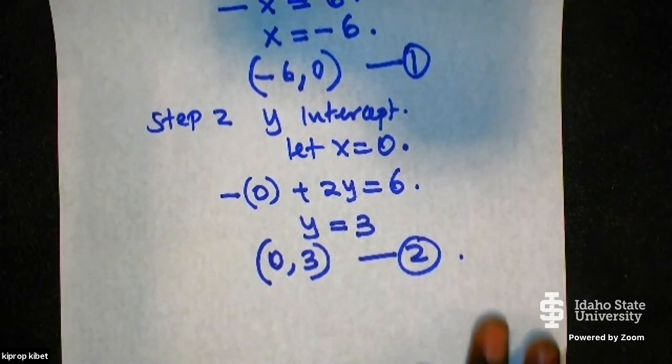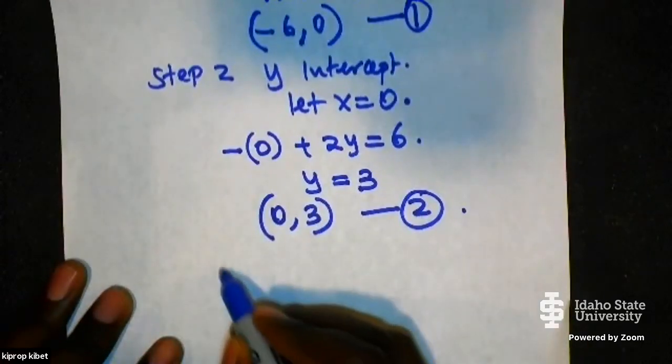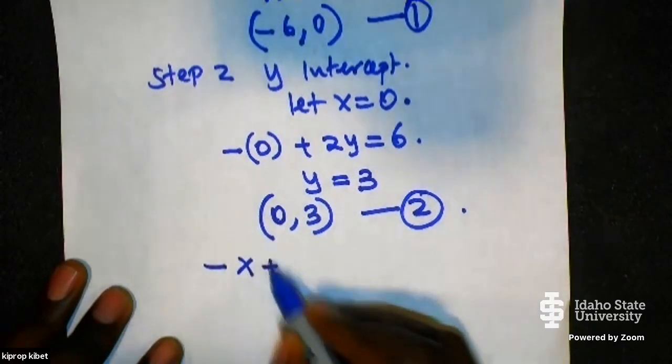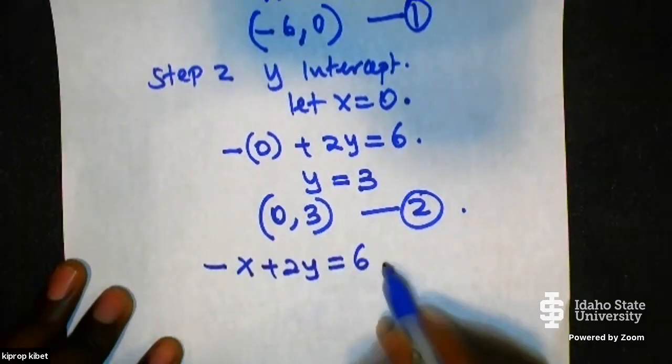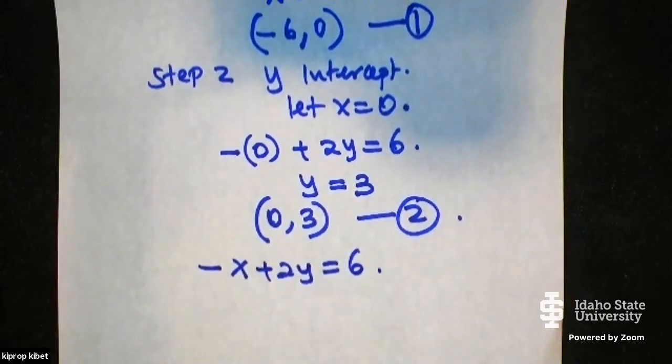All right, so to get the next one, we have this equation, minus x plus 2y equals 6. What integer, when we put it there, will not give us a fraction? We can let x equal 2.